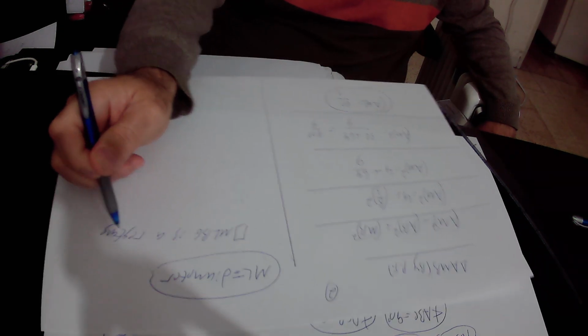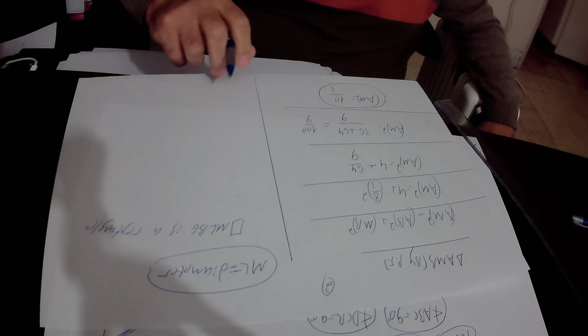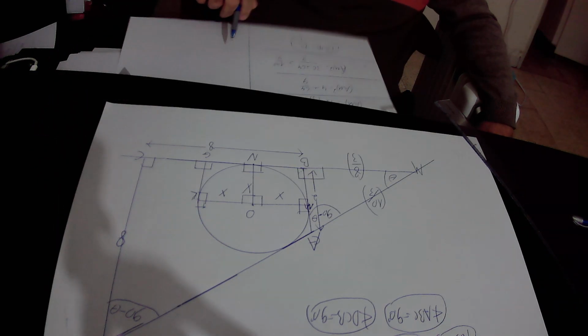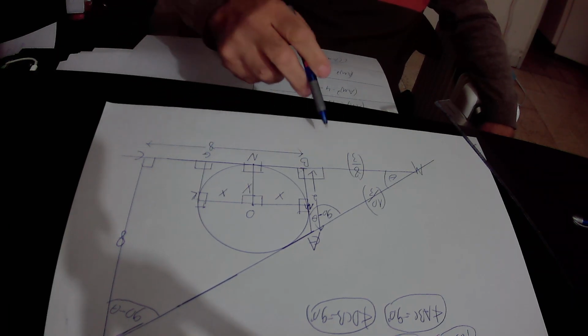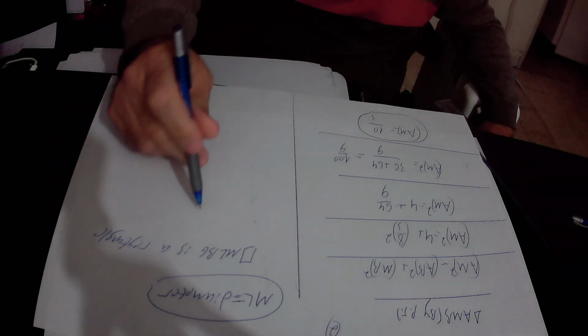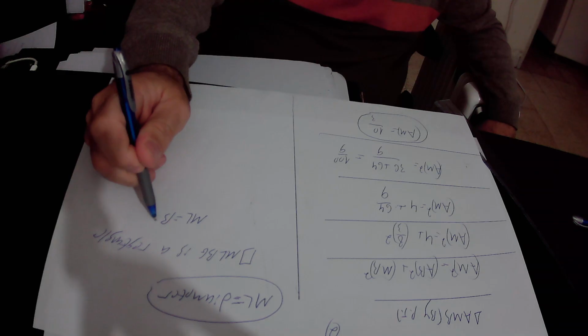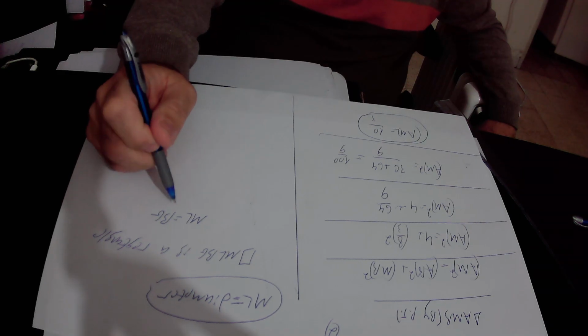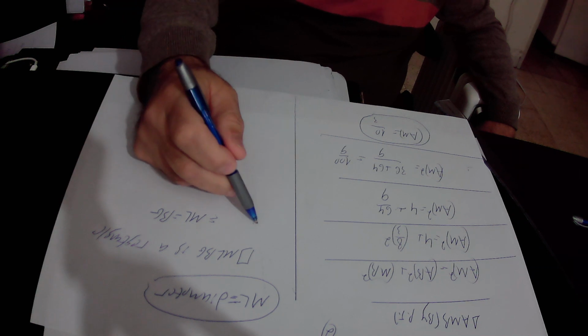And we also note that the opposite sides of a rectangle are equal to each other. That is to say, ML equals BG. Side ML equals side BG. In rectangle MLBG, we just found out that ML is the diameter of the circle.